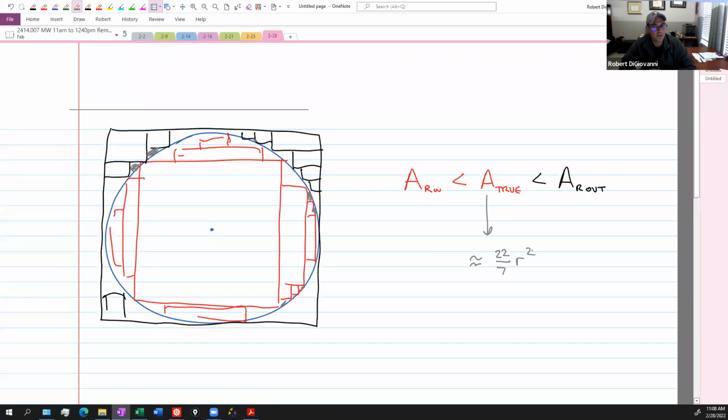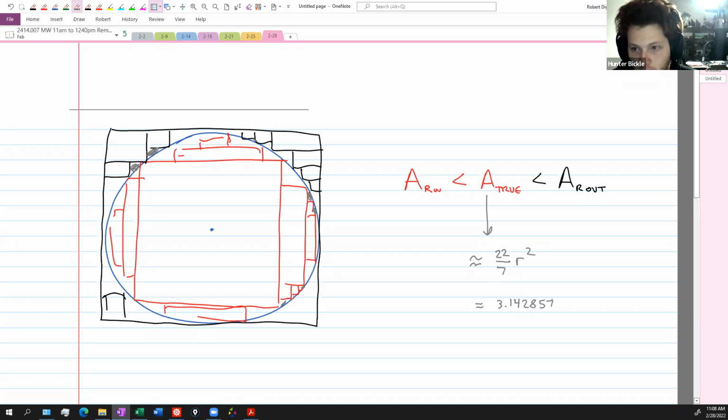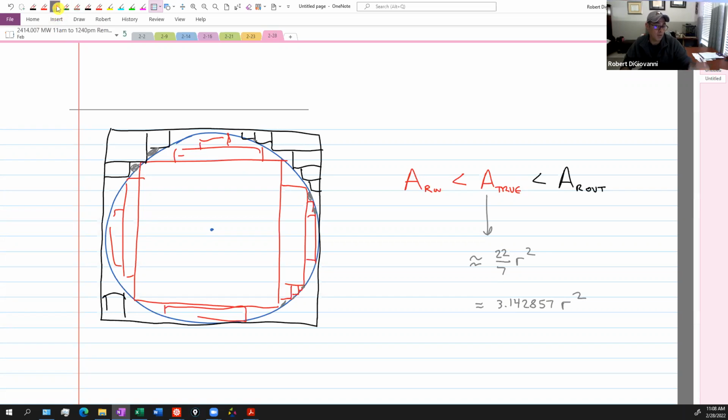That's what they were able to use as an estimate. So if you get on your calculator and do 22 divided by 7, this is approximately 3.142857 r squared.